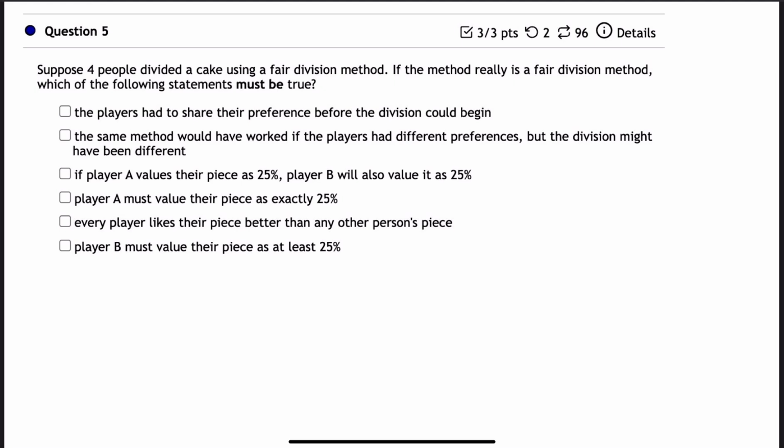We also need to know that this group of people have no knowledge of what the others like and that they are rational. So we want to use fair division in those 3 situations specifically. And then the other thing I want to highlight is that fair division needs to guarantee that each party will receive a fair share that they view as fair.